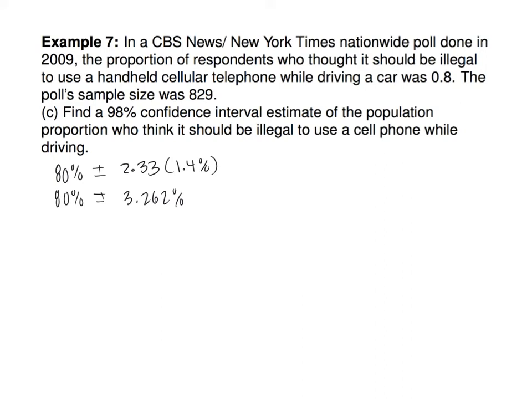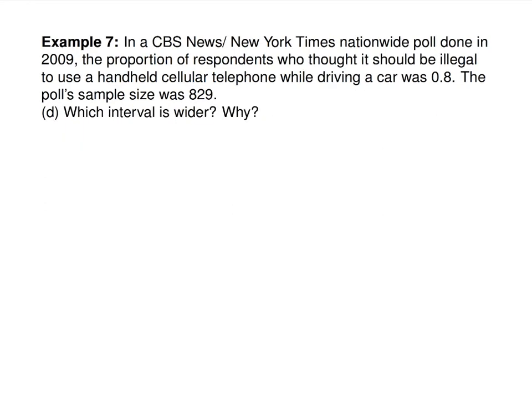Just rounding to the nearest tenth, that's going to give us 76.7% to 83.3%. And which interval is wider and why? Well, the 98% confidence interval is wider, because the multiplier is larger.